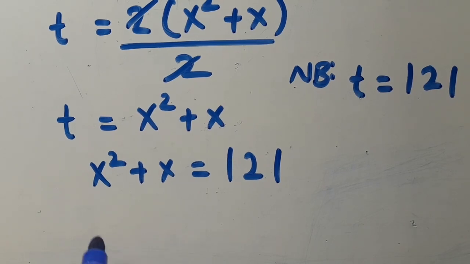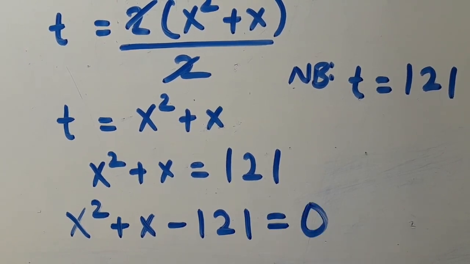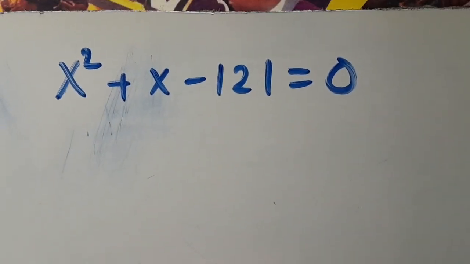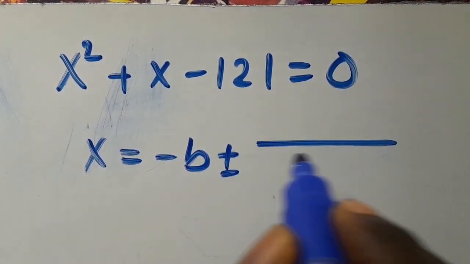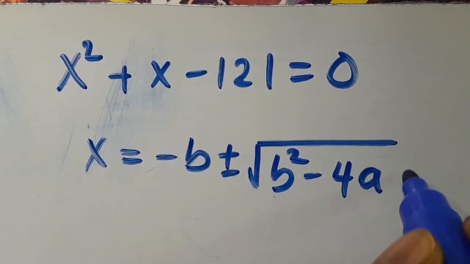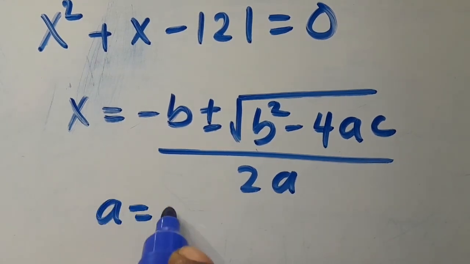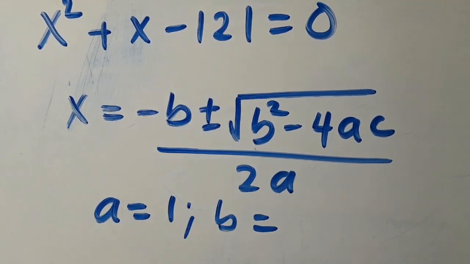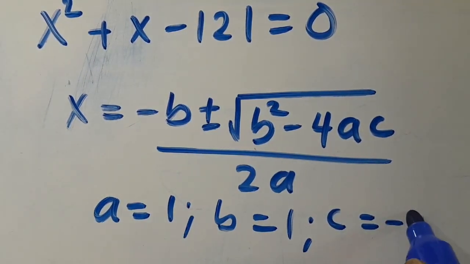Then from here, we can have this as x squared plus x minus 121 equals 0. Let's solve this quadratically to get the value of x. Let's use the quadratic formula, x equals minus b, positive or negative, root of b squared minus 4ac, divided by 2a, where we have our a equals 1, the coefficient of x squared, then our b equals the coefficient of x, 1, then our c equals the constant, which equals minus 121.